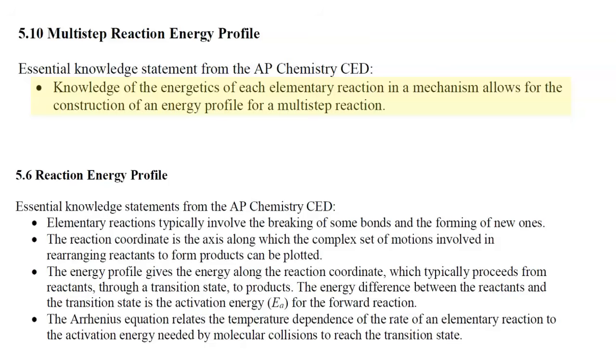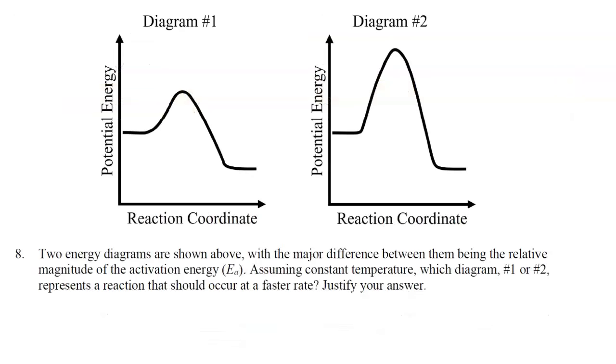So here on this next slide is a question that I had presented in my video for topics 5.4 to 5.11. We see two diagrams, and the question says, which diagram, number 1 or number 2, represents a reaction that should occur at a faster rate? Justify your answer. Let's focus on the activation energy for these two diagrams.